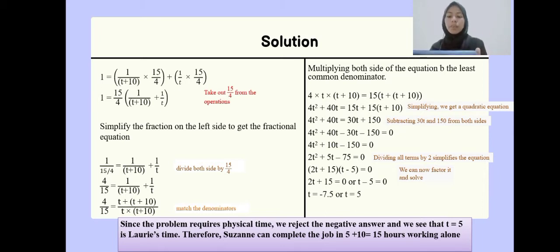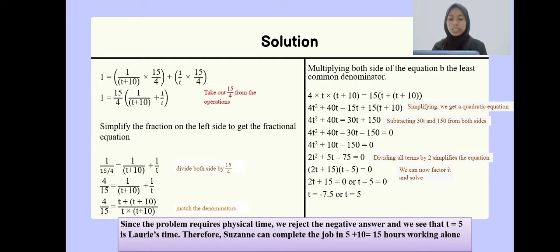So simplify the fraction on the left side to get the fractional equation. So 1 over 15 over 4 is equal to 1 over t plus 10 plus 1 over t.